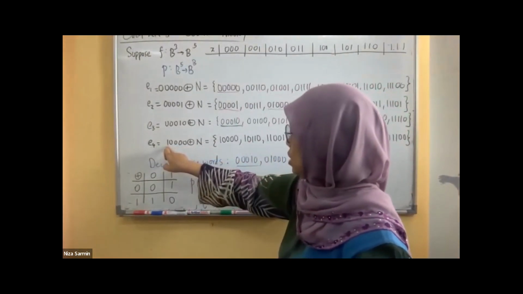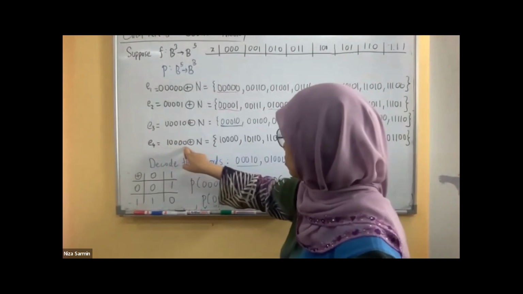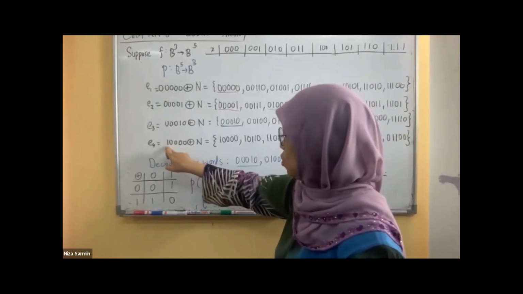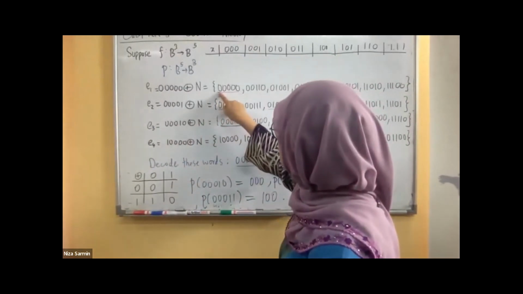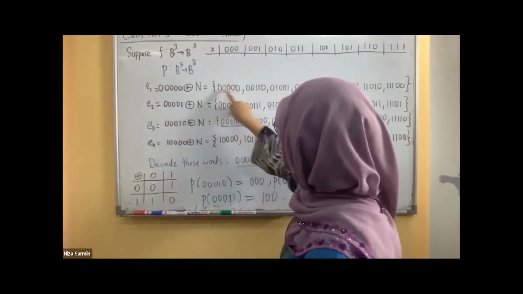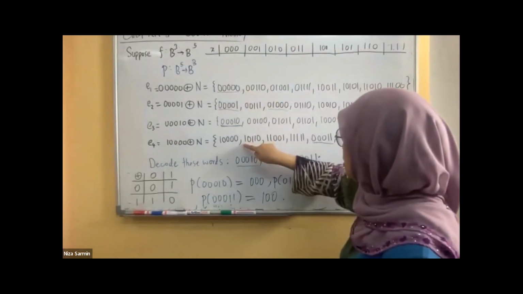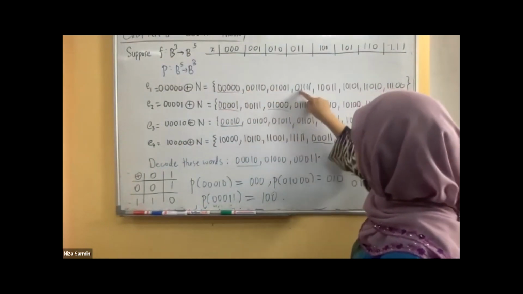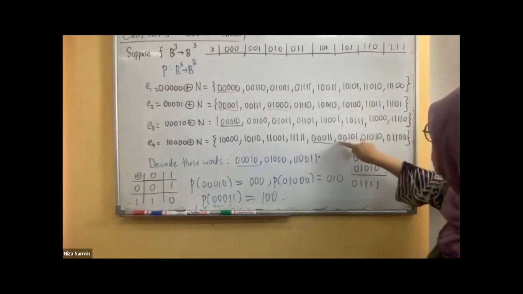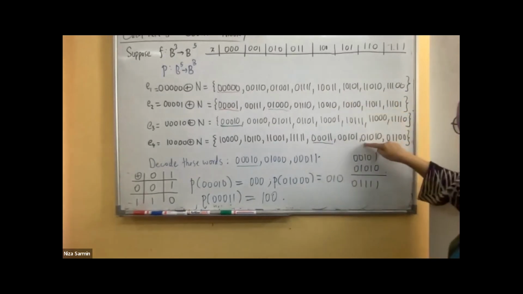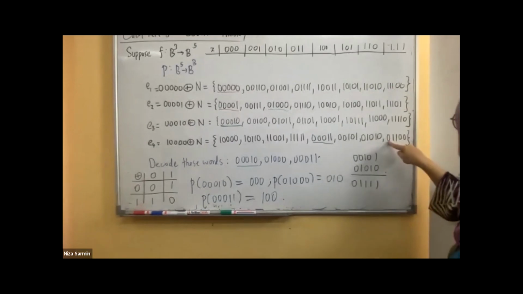You will change only the first one because the rest are all zeros. So you focus only on the first component. I just add 1, changing only the first component. This one, this one, this one. 1 goes to 0, 1 goes to 0, 1 goes to 0.